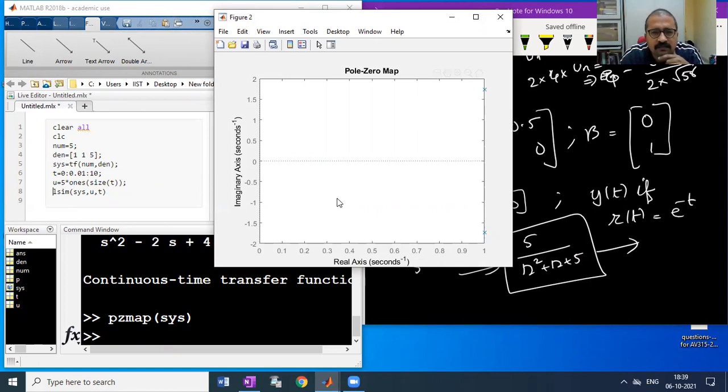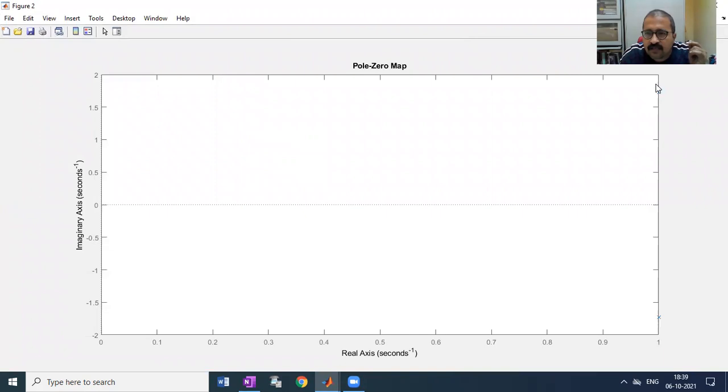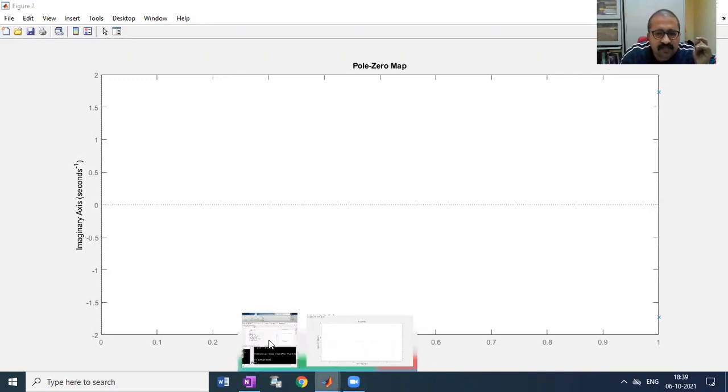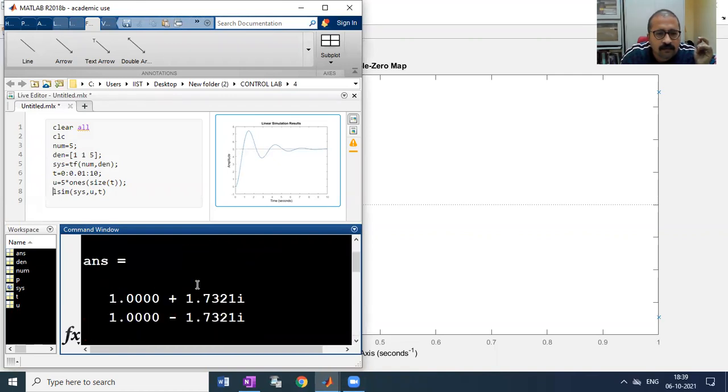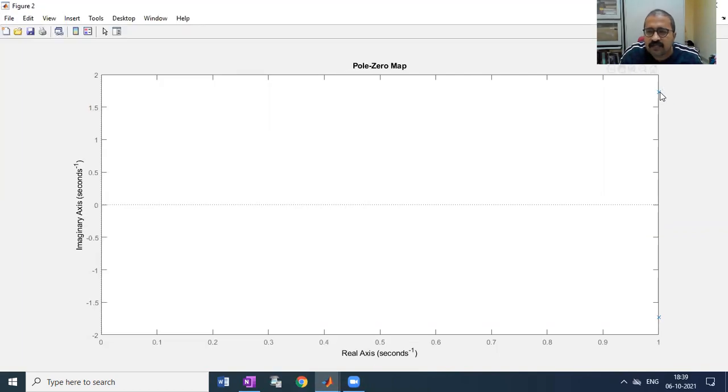So you can see here, 2 poles are here, on 1 plus minus j 1.732. You can see this cross here, one is here and one is at this point. The system is unstable. So this is the way in which you can check for stability.